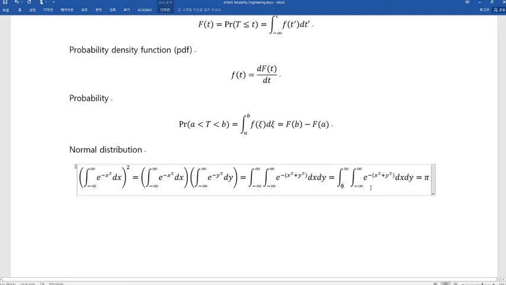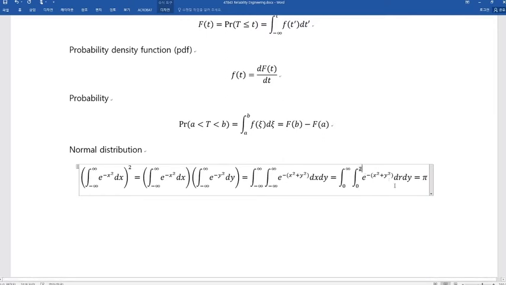In that case, r changes from 0 to infinity, and the angle theta will change from 0 to 2 pi.